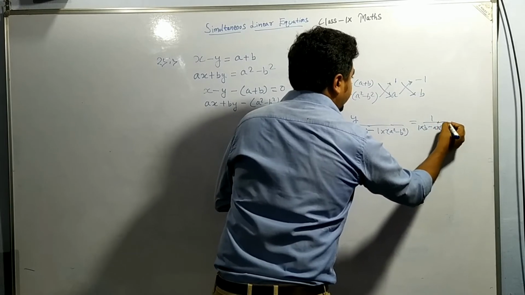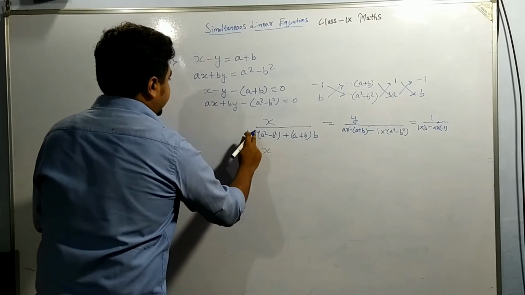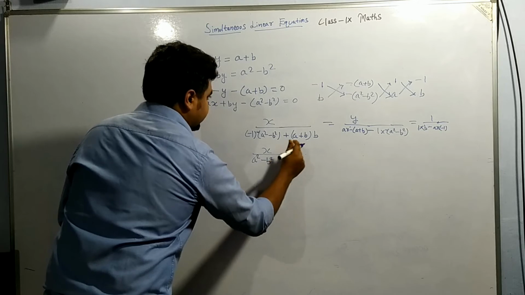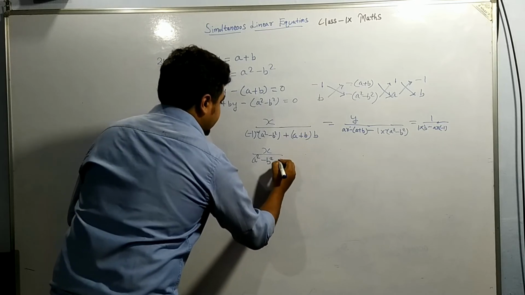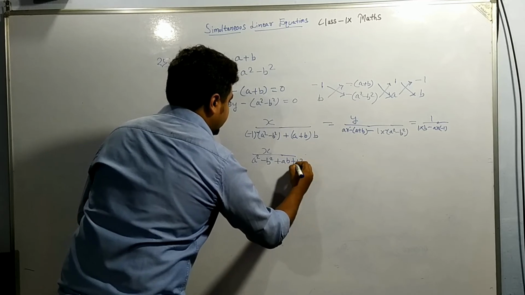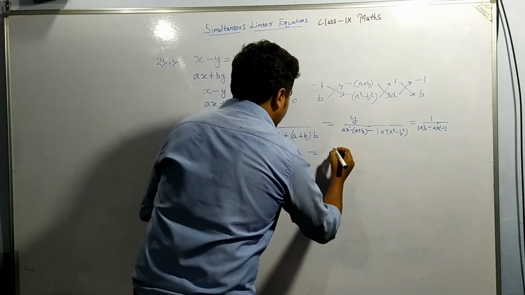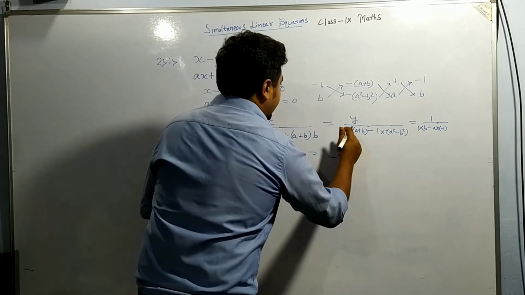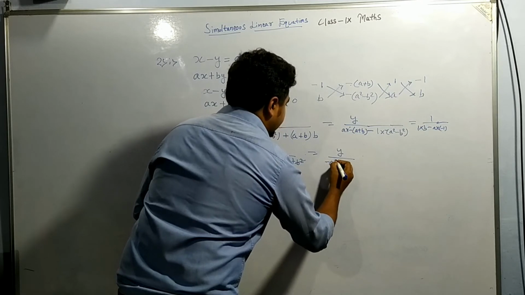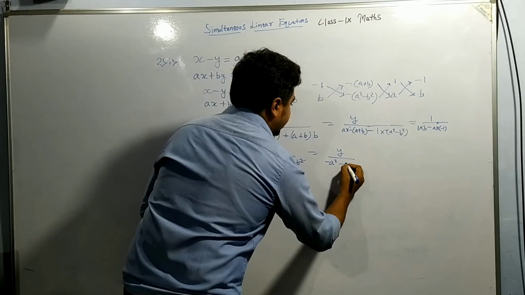Minus will become plus. So from here we are getting x by, minus will become plus, a square minus b square, and here it is b into a is ab, and here it is b square. So b square and minus b square is getting cancelled, and from here we are getting y by a into minus a is minus a square, a into minus b is minus ab.